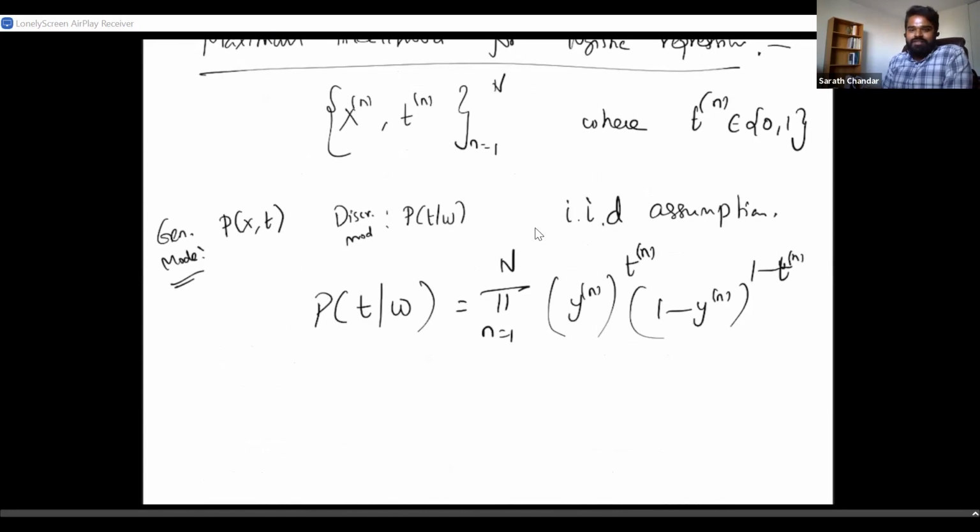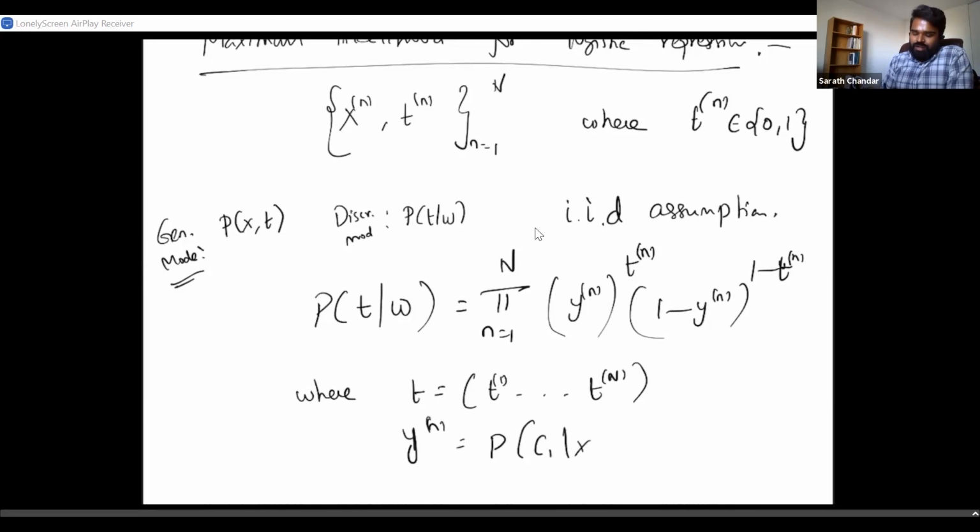We have done this before, I'm just writing it directly this time, where T is the vector of all the targets. And y of n is the probability of C1 given Xn. Is that clear?